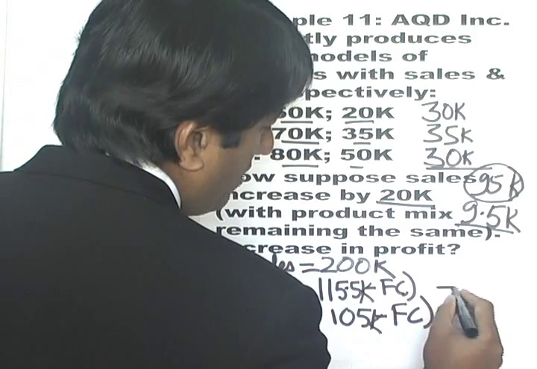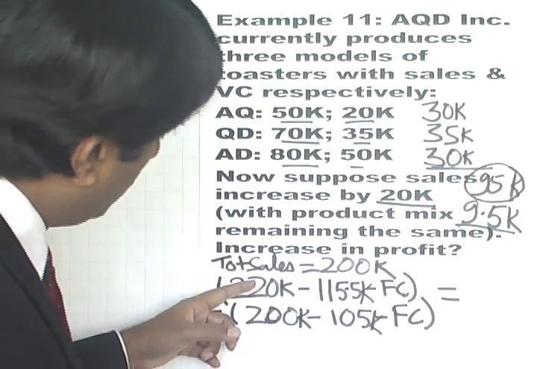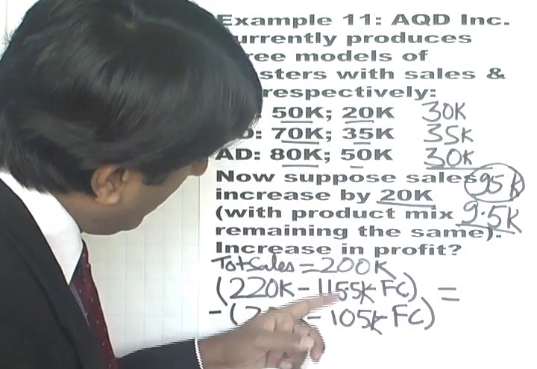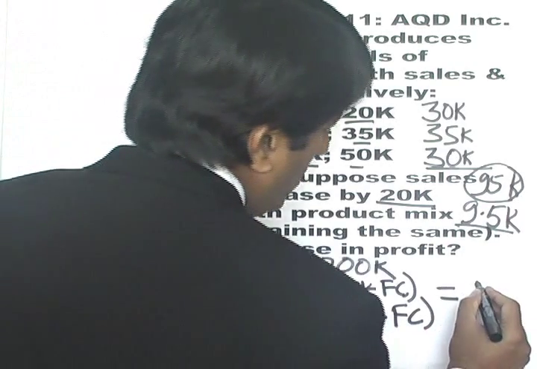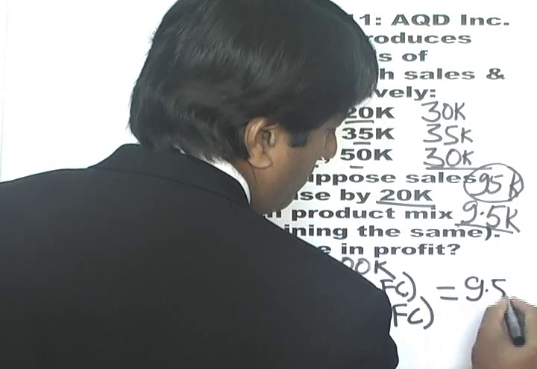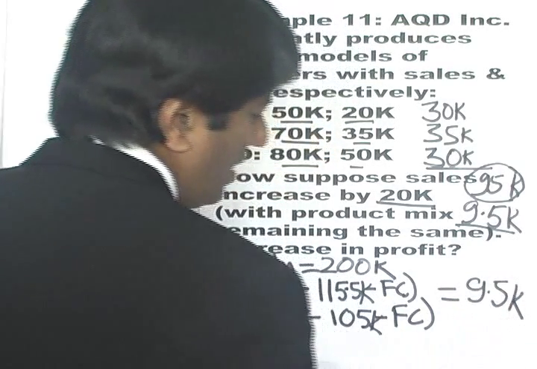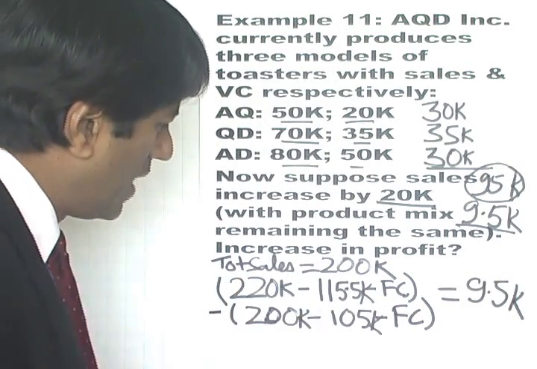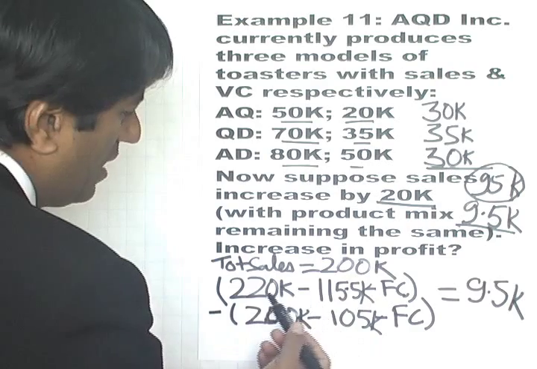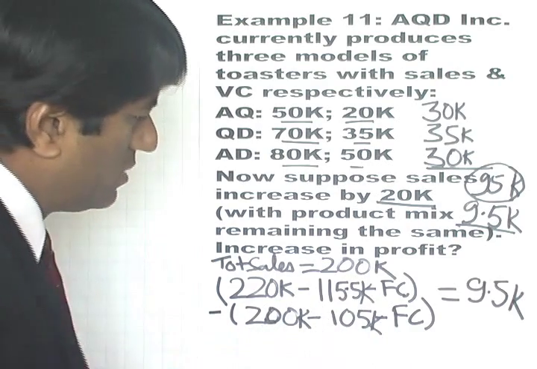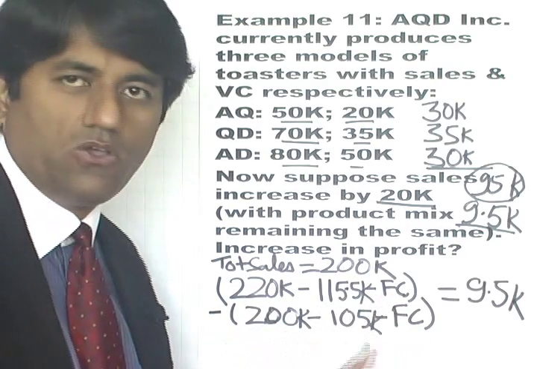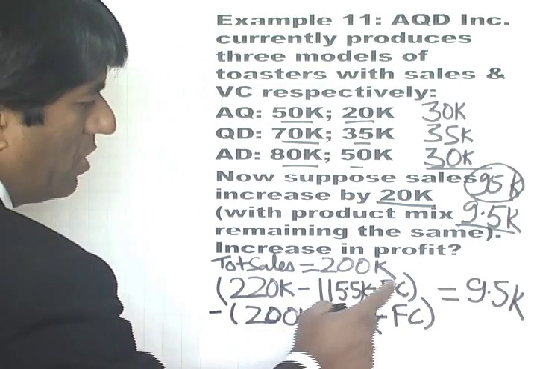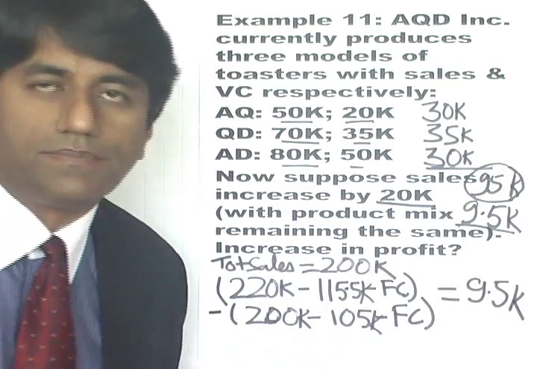So this will be 20 minus 10.5, which will equal 9.5K. So if you write out what the new level of profit will be and what the old level of profit was, the fixed costs cancel out, so you can calculate it, even though you can't calculate this or this separately because you don't know what fixed cost is.